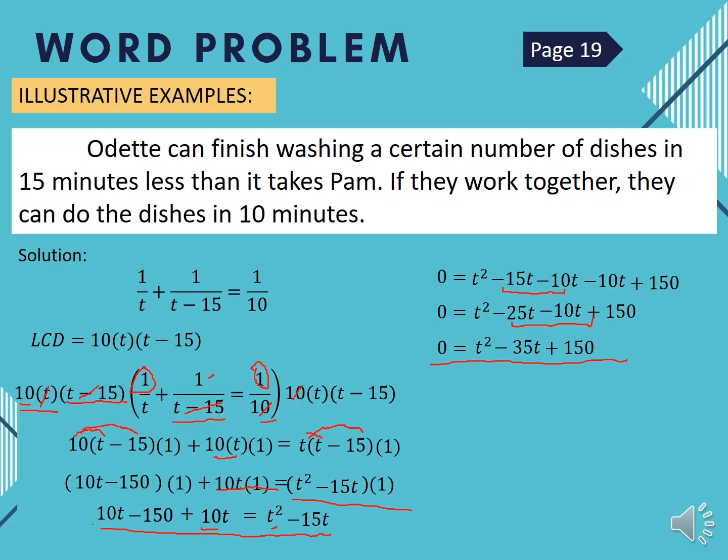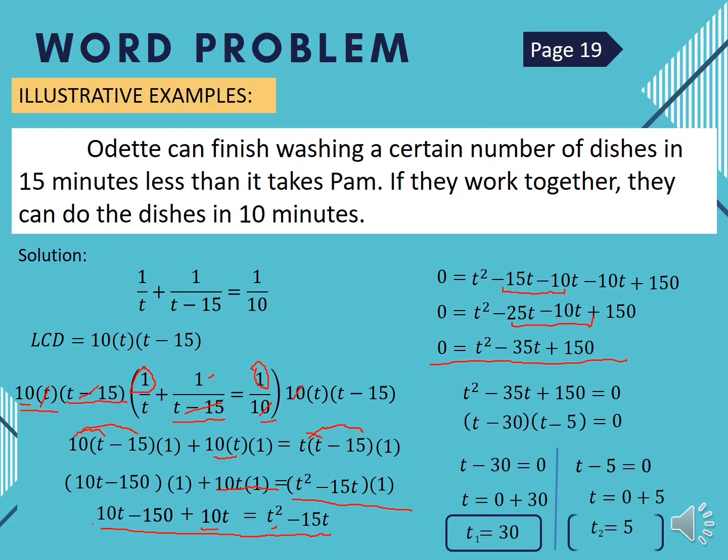Now, the next step is to factor it. So let us factor T squared minus 35T plus 150 is equal to 0. I will use factoring.